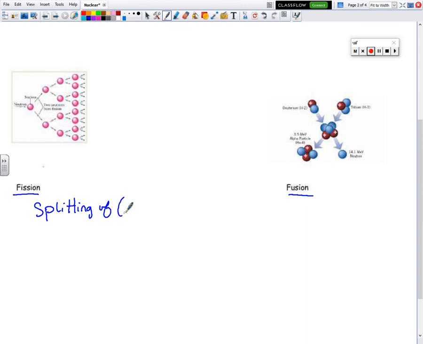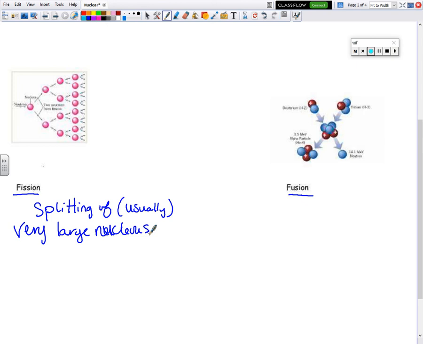I'm just going to put usually, because sometimes it's not. It's usually a very large and unstable nuclide that's splitting.